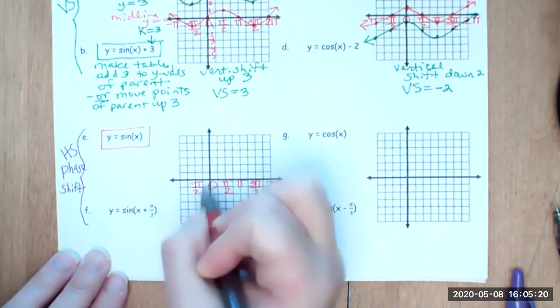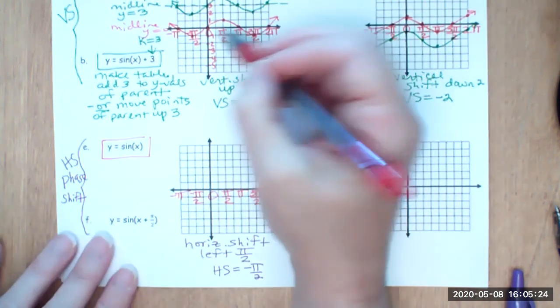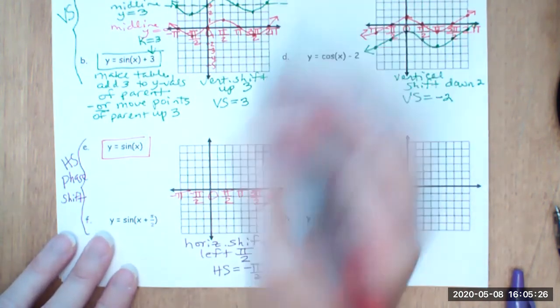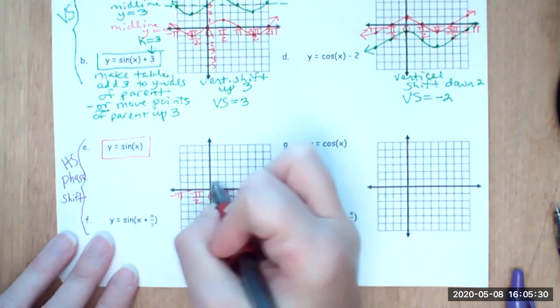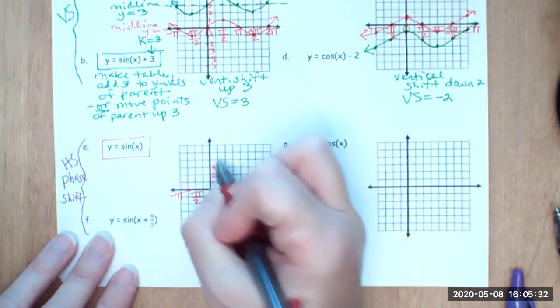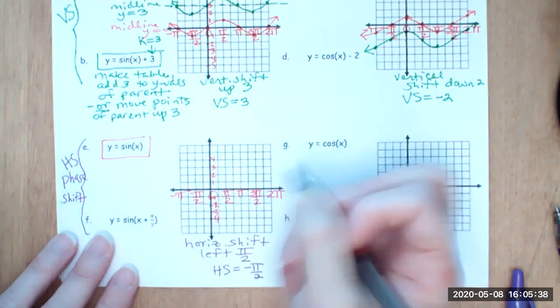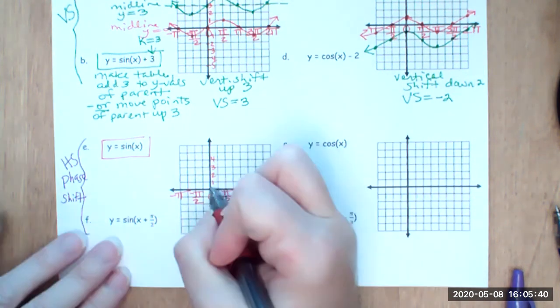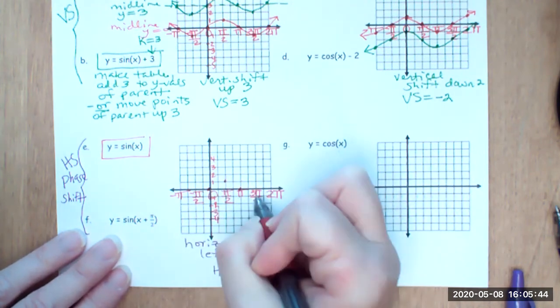Negative pi over 2 and negative pi. I could literally just copy what I had up here, and I'm going to label 1, 2, 3, 4, -1, -2, -3, -4. So here's the parent sine function.